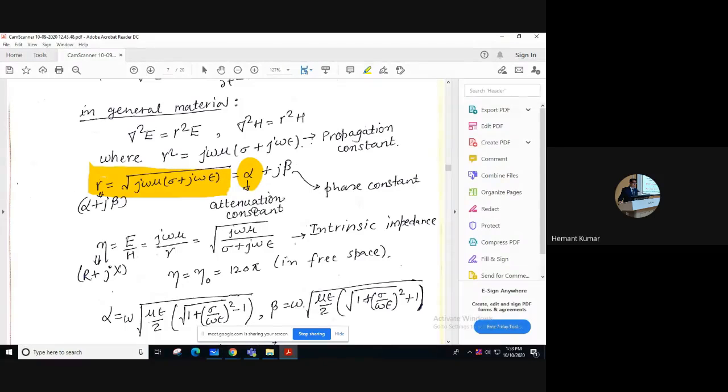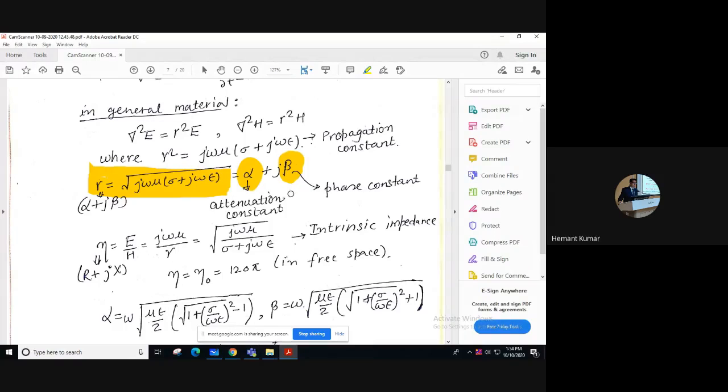The attenuation constant will tell you how much attenuation there will be when the EM wave propagates through the medium, because an EM wave cannot go to infinite distance, right? When the EM wave propagates, there will be some attenuation. That attenuation is given by alpha, and the phase constant beta, the imaginary part, will tell you how much the phase is changing when the EM wave propagates.